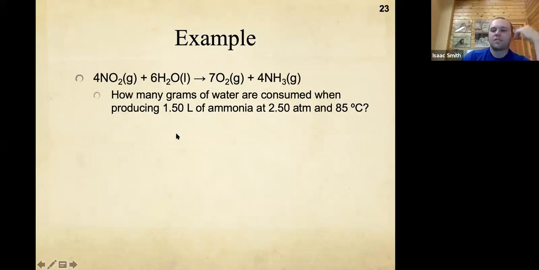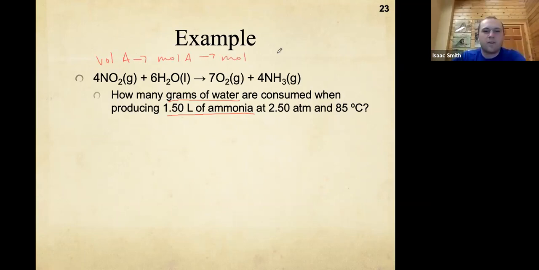All right, the next example. How many grams of water are consumed when producing 1.5 liters of ammonia at 2.5 atmospheres and 85 degrees Celsius? Okay, so in this case, we need to go from liters of ammonia over to grams of water. So we need to go from volume of A to moles of A to moles of B to grams of B, right?